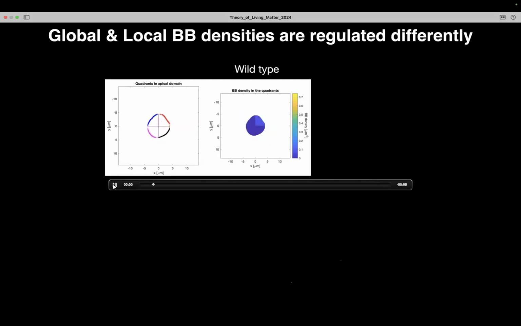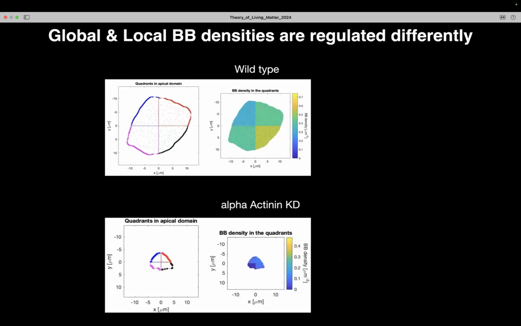Let me just play it again. Here we are plotting the density of basal bodies within these four parts of the apical domain. This is how it looks in the wild type situation. What we see in the first place is that there is basically no difference between the density of basal bodies within these different parts of the apical domain.